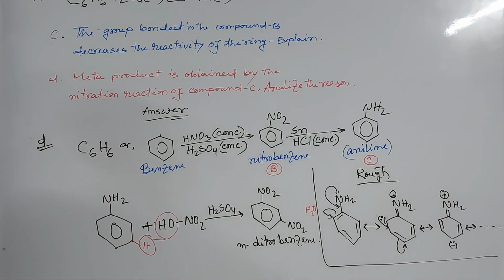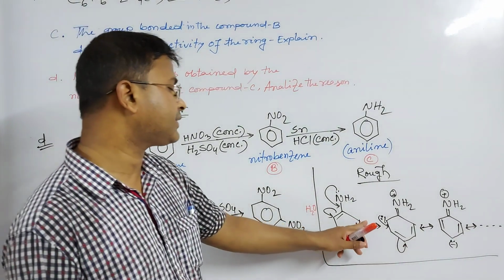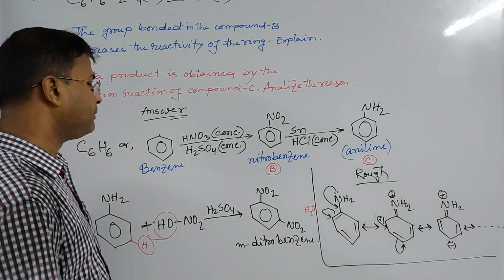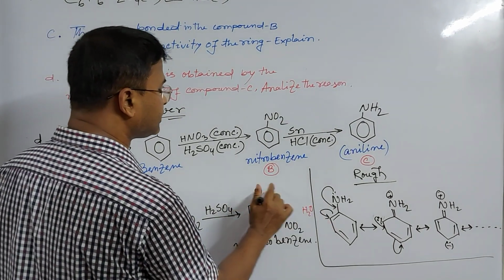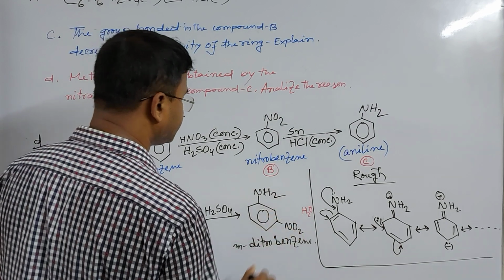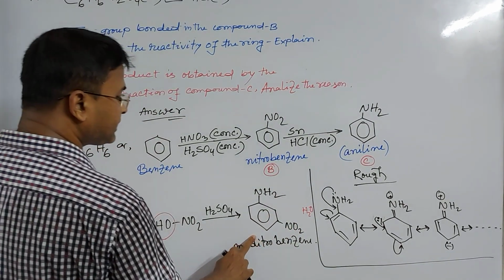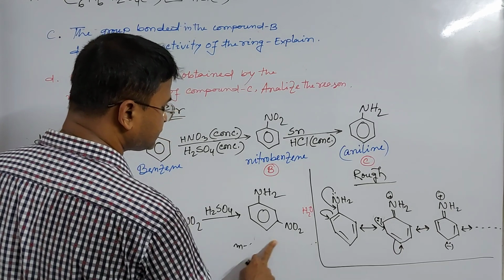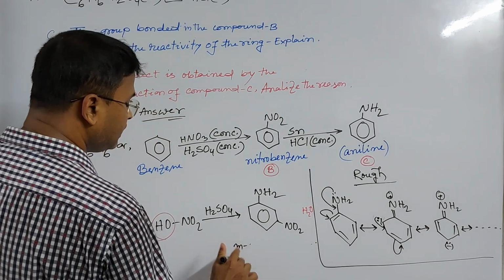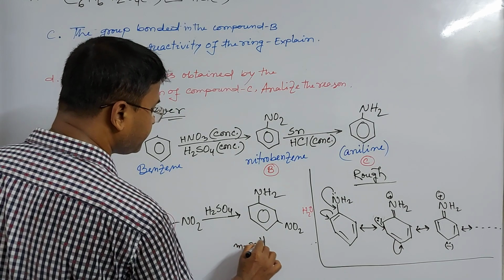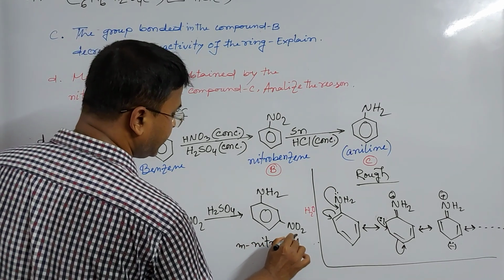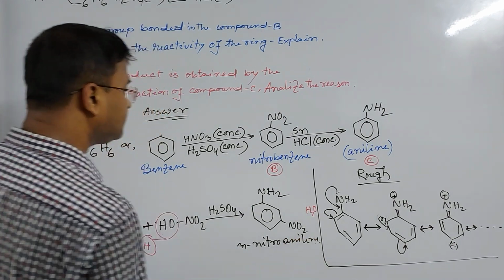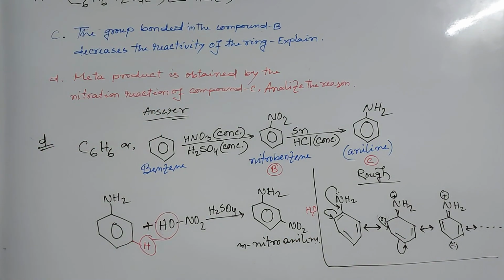And this is my question. It should be ortho-nitroaniline and para-nitroaniline, but it produces meta-nitroaniline. But dear students, sorry, it was a little bit wrong. Meta-nitroaniline. This is the question.